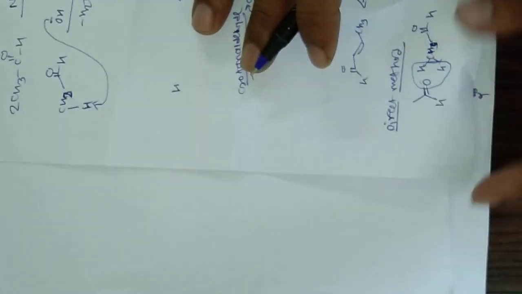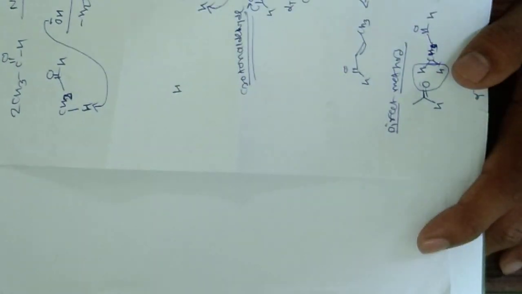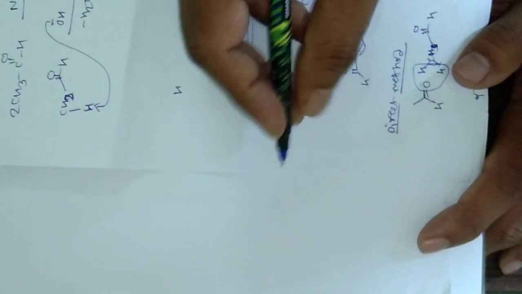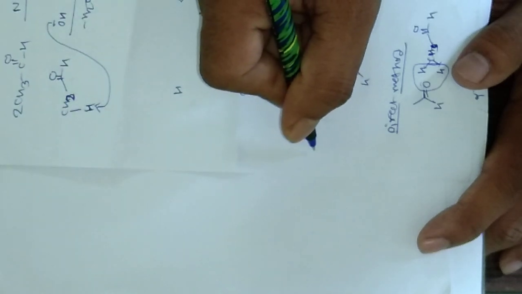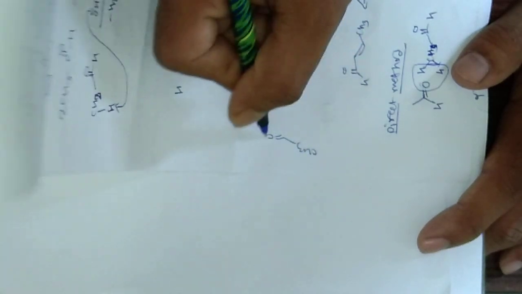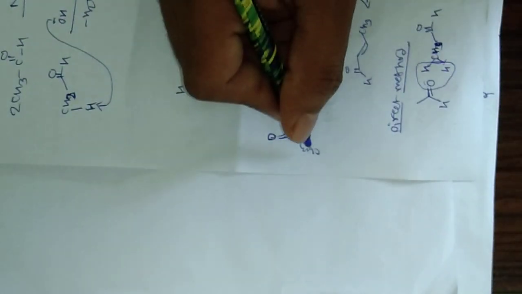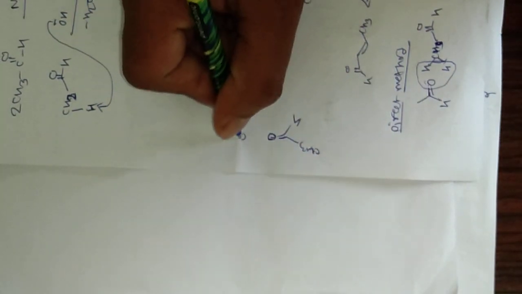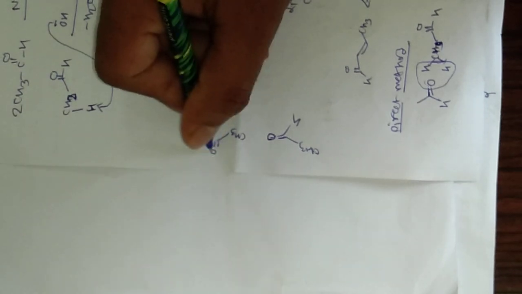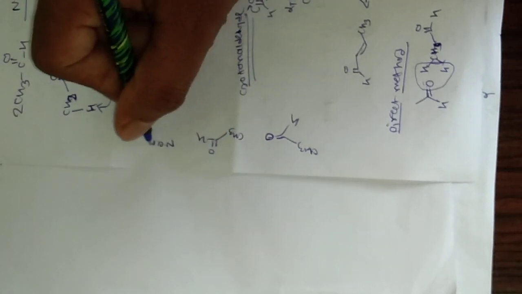But sometimes the examiner will not give heat. Then what you have to do? I am writing that again here. Only NaOH base is given. Then you have to do what?